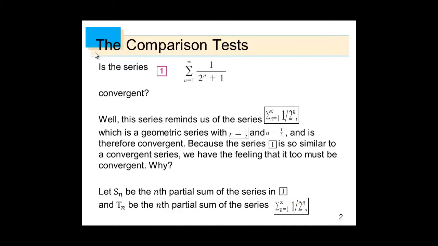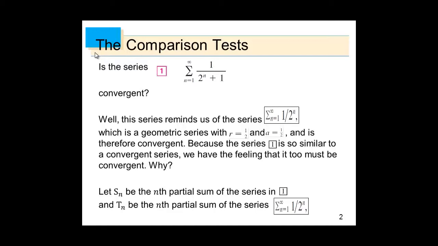But if you look at the series that I have here, the denominator, if you sort of ignore the 1, what type of series do I have? A p series is n in the base, right? A p series is 1 over n to the p. Here n is in the exponent.